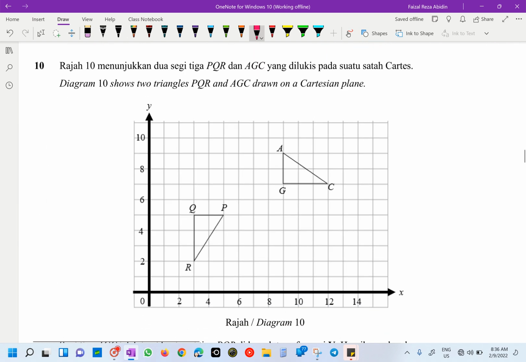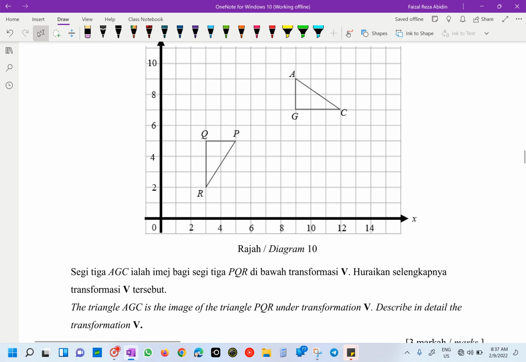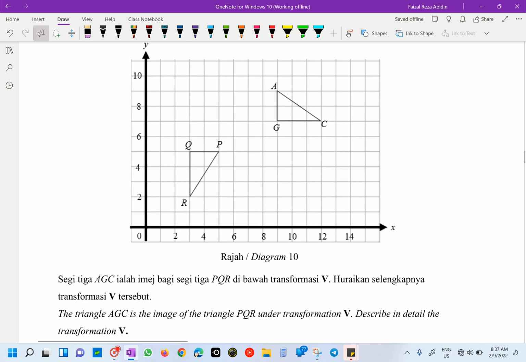Question number 10. Diagram 10 shows two triangles, PQR and AGC, drawn on a Cartesian plane. What we have over here is saying that the triangle AGC is the image.